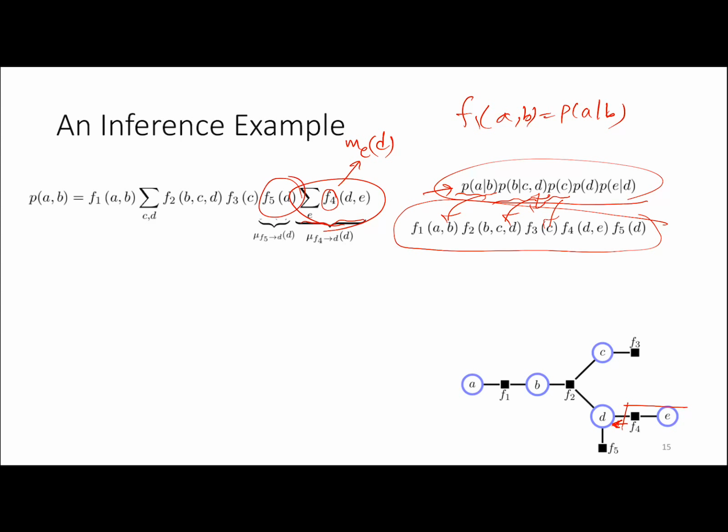Similarly, for this message that is F5, we are going to interpret this as a message that goes from factor F5 to D. So let's go on with this interpretation and see if you can recognize what the other message would be. This is the message that goes from factor F4 to D, and this is the message that goes from factor F5 to D. So what would this term be?